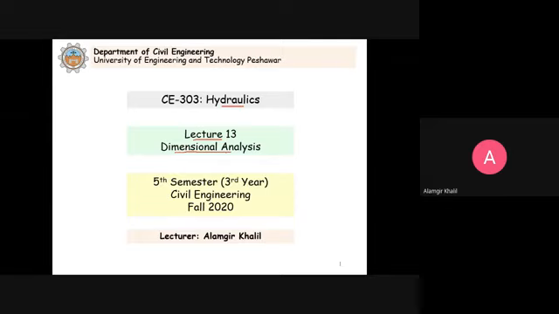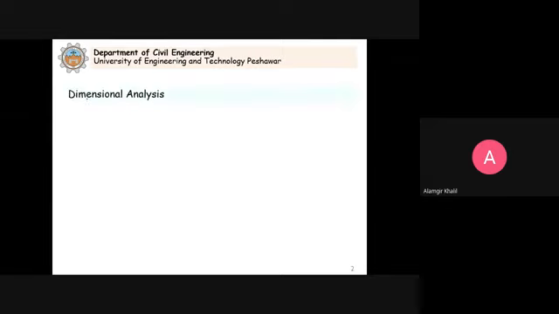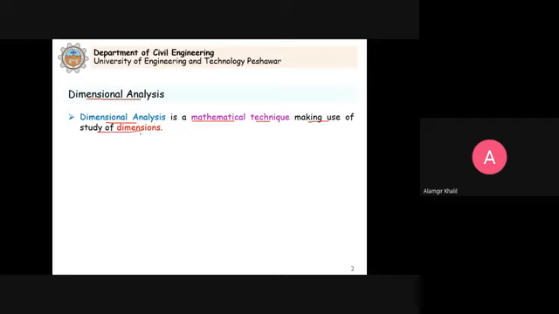Now, what is dimension and dimensional analysis? So dimensional analysis is a mathematical technique making use of study of dimensions. So this is a mathematical technique where we study about the dimensions of the different physical quantities in any fluid phenomena.